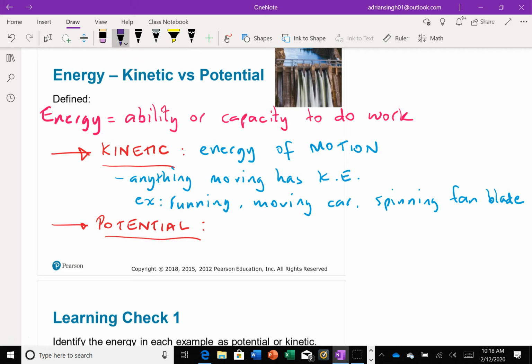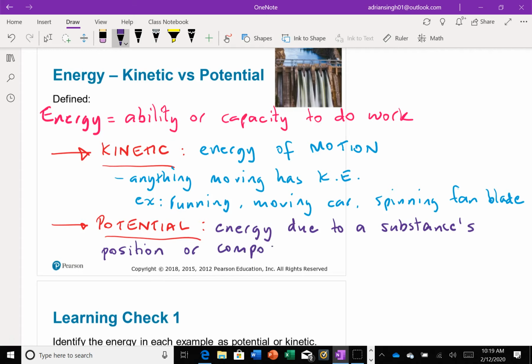And what potential energy can be defined as is the energy due to a substance's position, in other words, where it is, or composition.